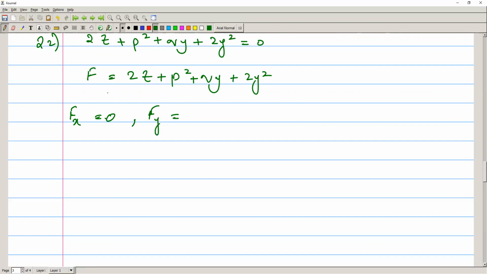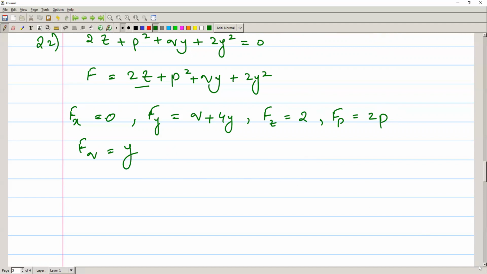When we partially differentiate this with respect to y, this will be 0, this will be 0, and here we will be left with q, and here we will be left with 4y. Then we will differentiate partially with respect to z, so we're left with 2 only. Then with respect to p, and we will be left with 2p only. Then with respect to q, and we will be left with y only.